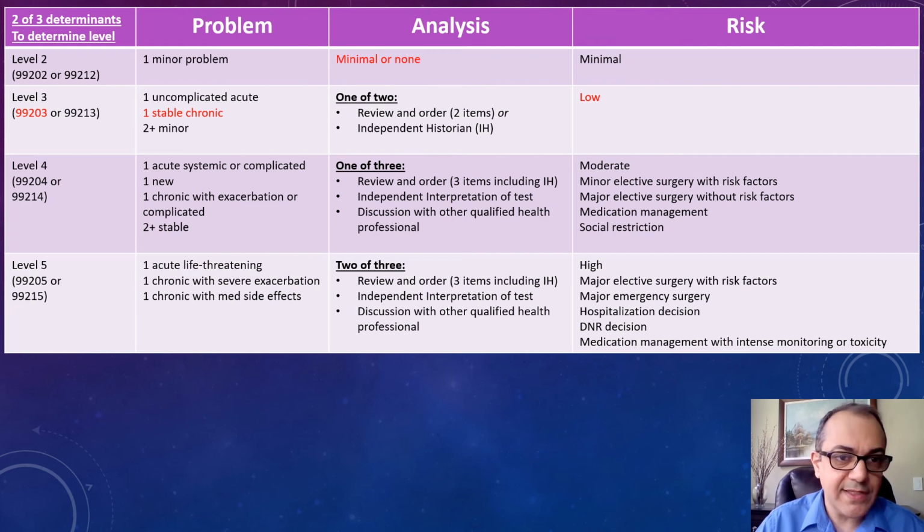Now, what are the HCC codes? HCC codes are codes of chronic diseases that require a lot of management, require a lot of chronic care, and can have devastating complications on the person unless they are addressed. Examples include cancer, diabetes, osteoporosis, congestive heart failure, and so on.